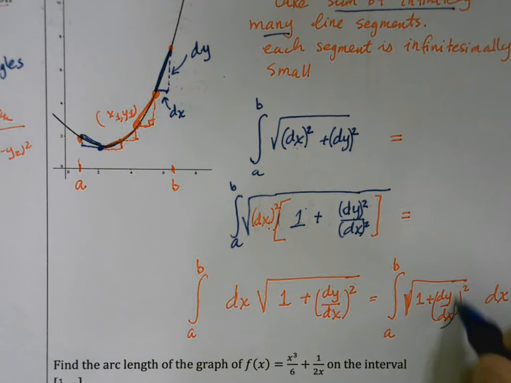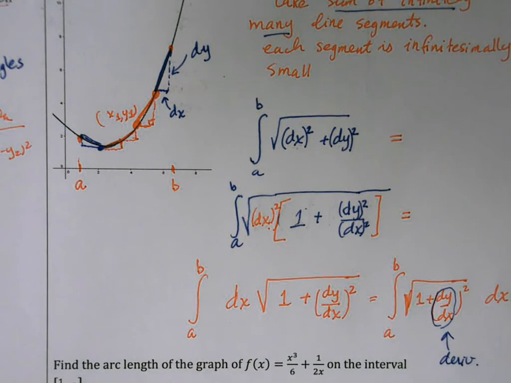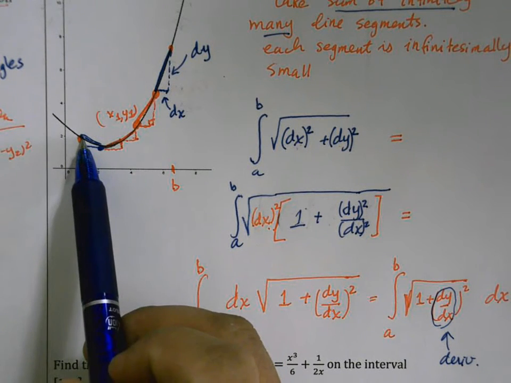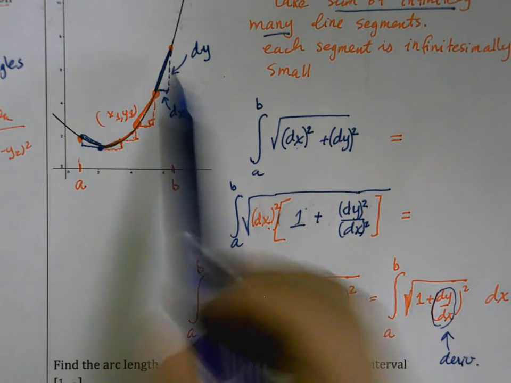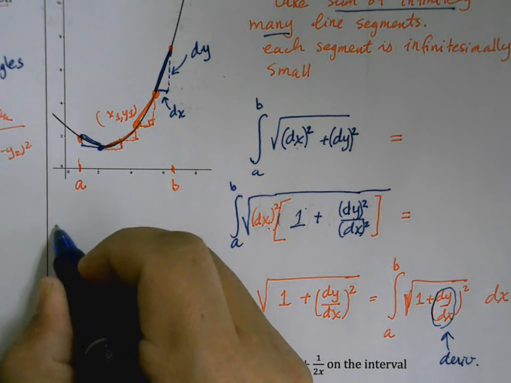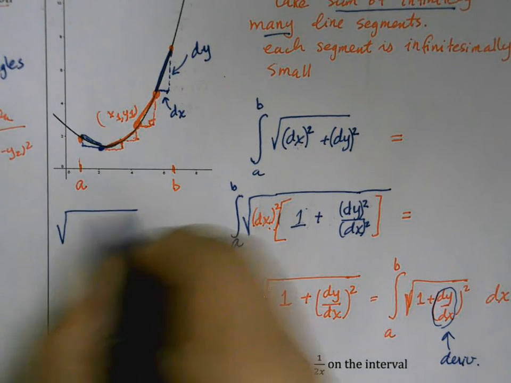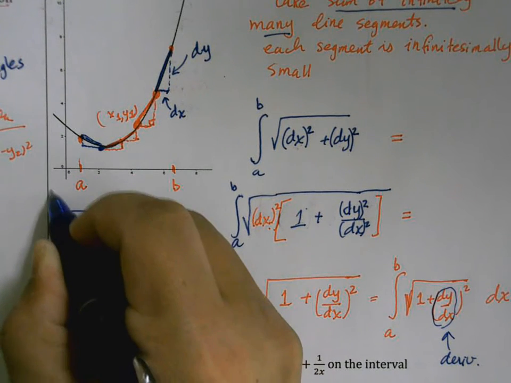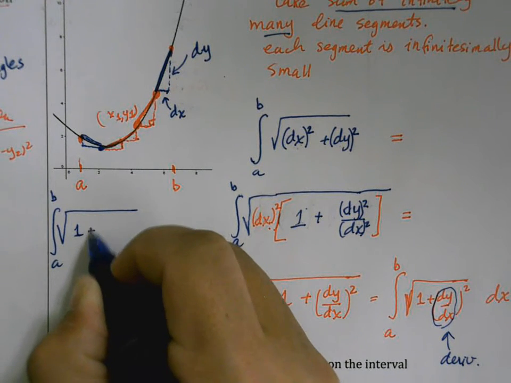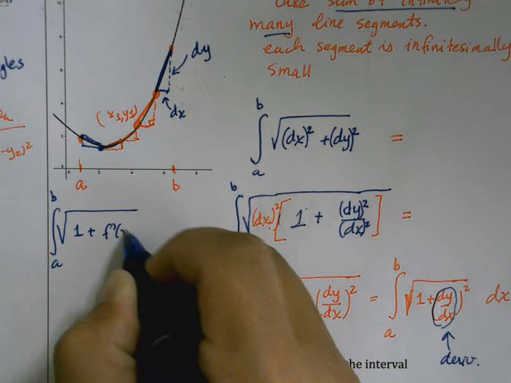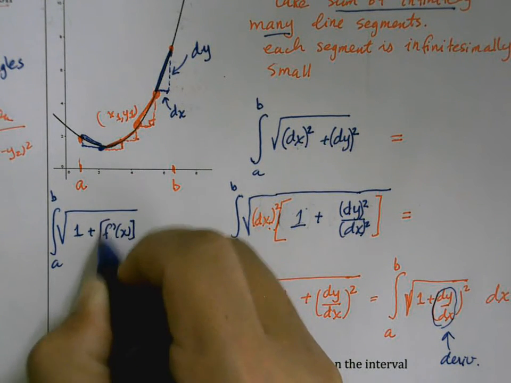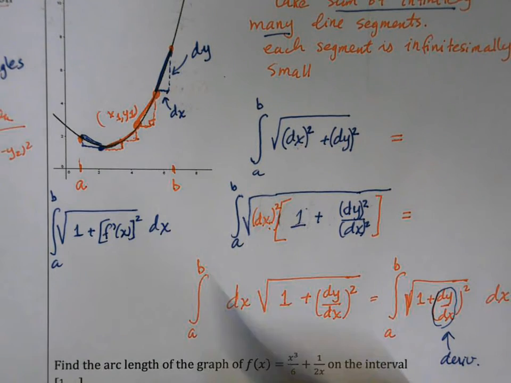And if you notice, dy/dx right here, that's just the derivative with respect to x. So we want to find the arc length right here. The formula that we can use is the integral from a to b of the square root of 1 plus f prime quantity squared dx, or we could use dy/dx quantity squared.